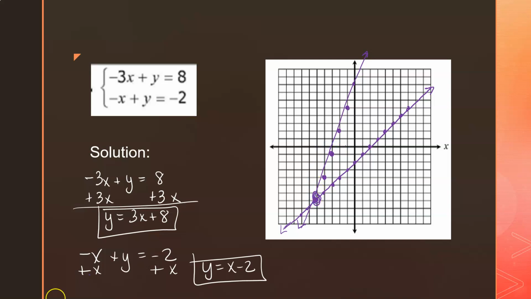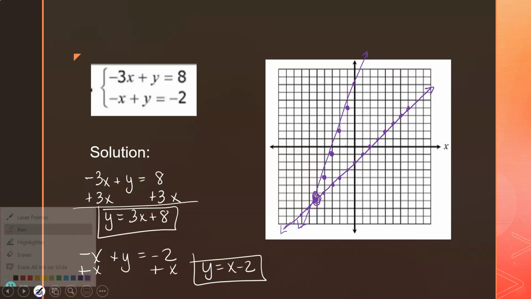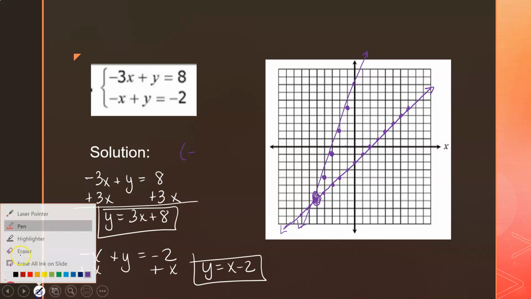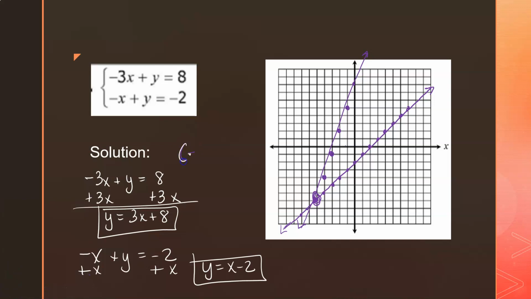So my solution here is the coordinates of the point where they intersect. And that'll be negative, can't really see the purple, -5, -7. All right, I'm going to pause here and I want you to try the next one.